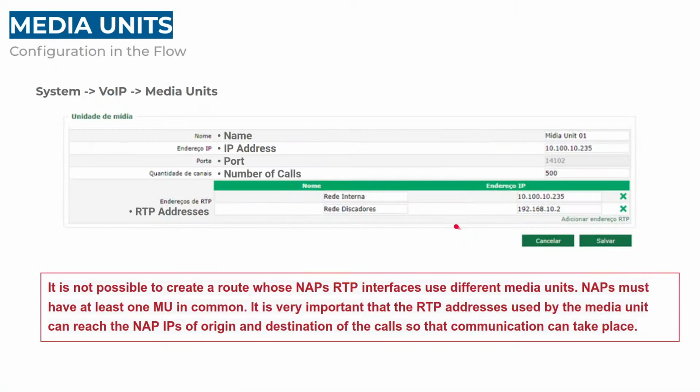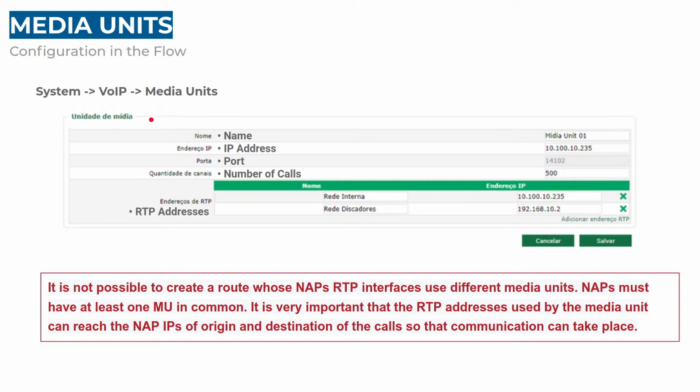So I'm going to explain a little more. How can I configure the media units? It's very simple. Once you install the media unit, it's a server. Its installation is very close to the flow, almost the same, but they have a special configuration in order to put it in this media unit mode.